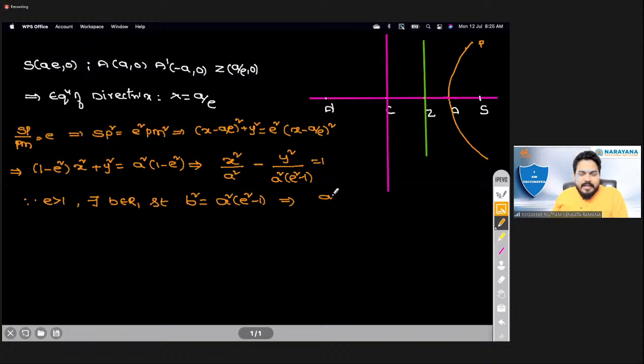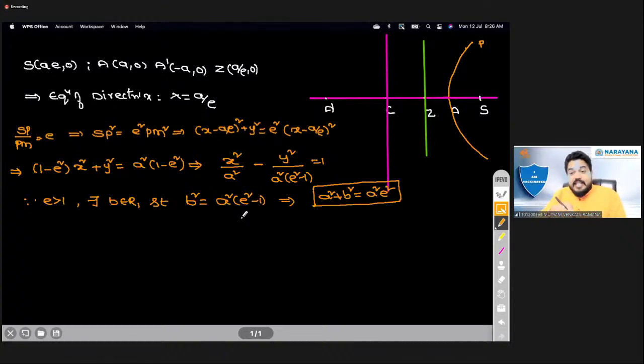So here, A square plus B square is equal to A square E square. Whatever the property of ellipse, replace b square with this, because only this is the difference. There we have taken b square is equal to a square into 1 minus e square, because there e is less than 1.